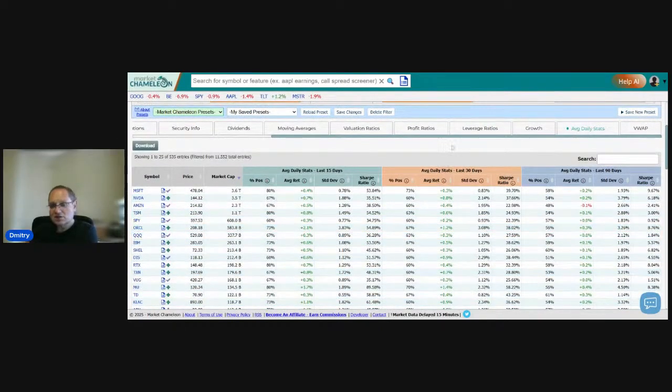So you could see here that quickly we could narrow down candidates to find those securities that on a relative basis have outperformed the market using these metrics. All right, I'm going to stop right there. We covered, I think, this part at this point.